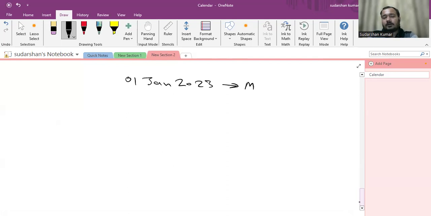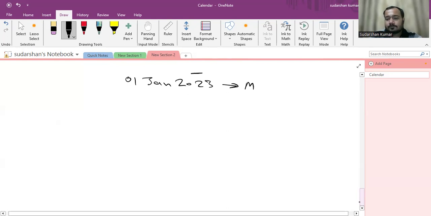Now we have to find any year whose calendar is same as the calendar of the year 2023. So we need a normal year because 2023 is a normal year. We have to find a normal year and that normal year's first day will be the same.